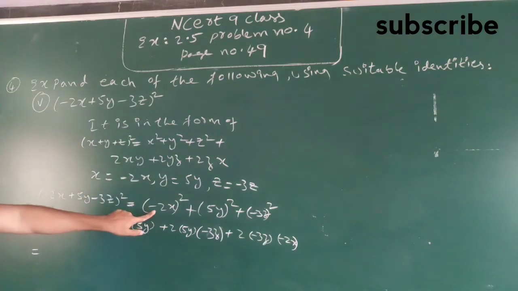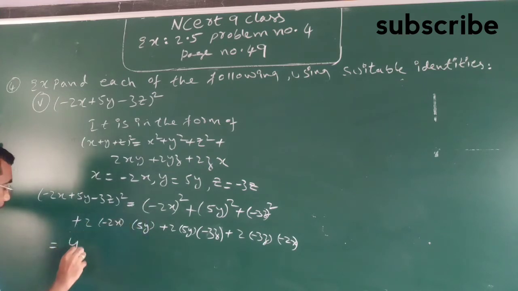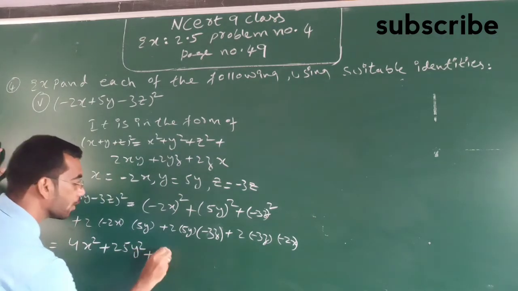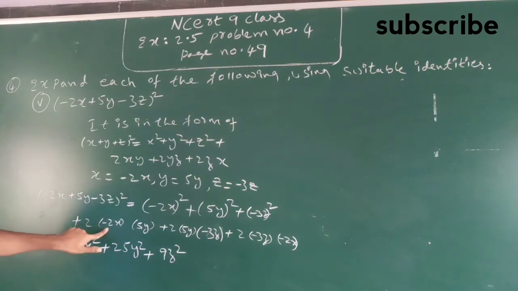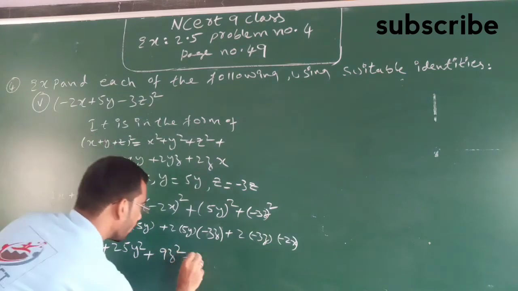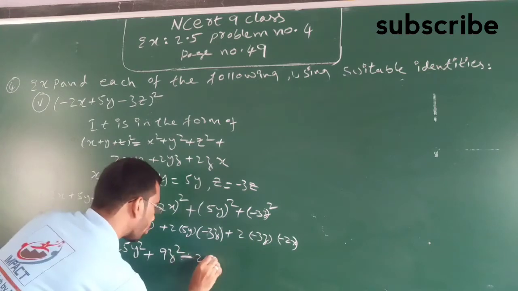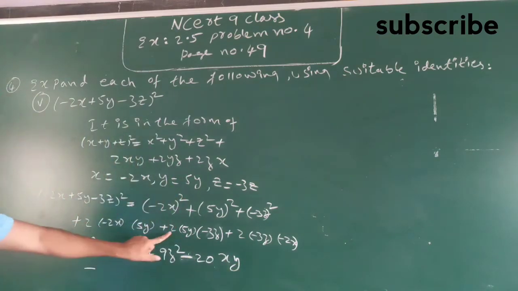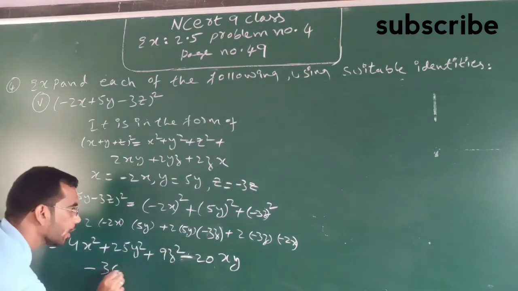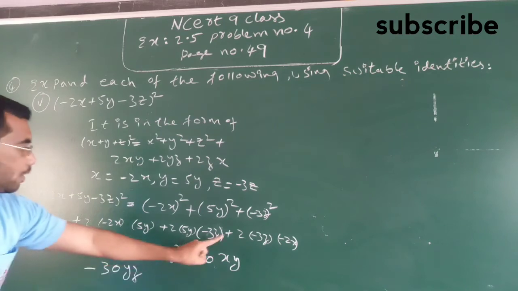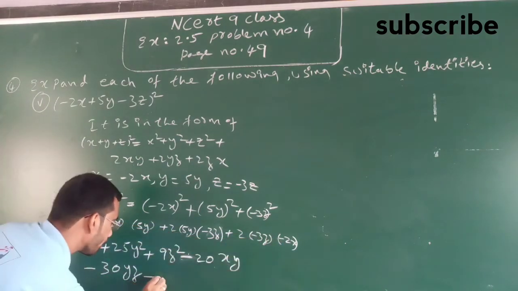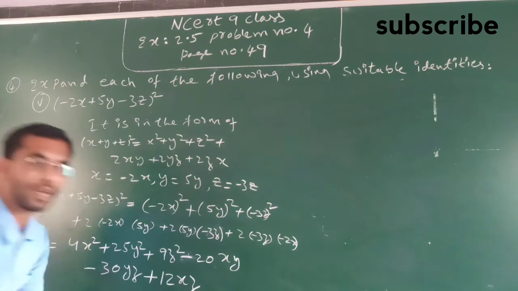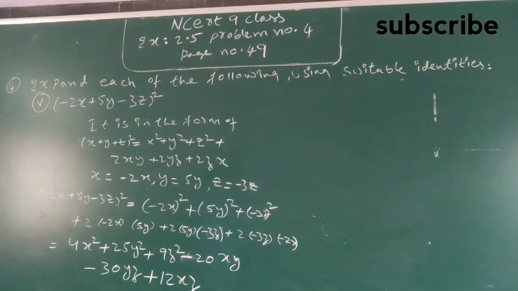Now it will be 4x square plus 25y square plus 9z square, plus into minus, minus 2 fours are 8, 4 fives are 20, minus 20xy, plus into minus, minus 2 fives are 10, 10 threes are 30yz, plus into minus, minus into minus is plus, 2 threes are 6, 6 twos are 12xz. This is the answer for this problem.